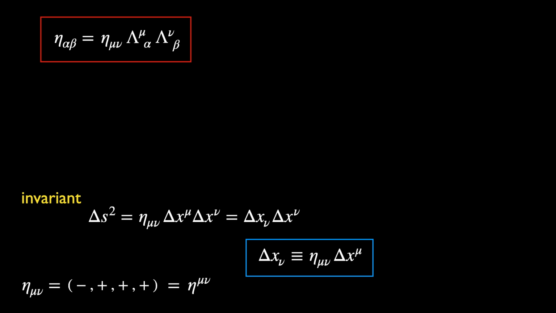Let's work out how the lower index displacement transforms under the Lorentz transformation from the transformation of its upper index counterpart. In any inertial reference frame, the raising and lowering of indices are done by the same eta.